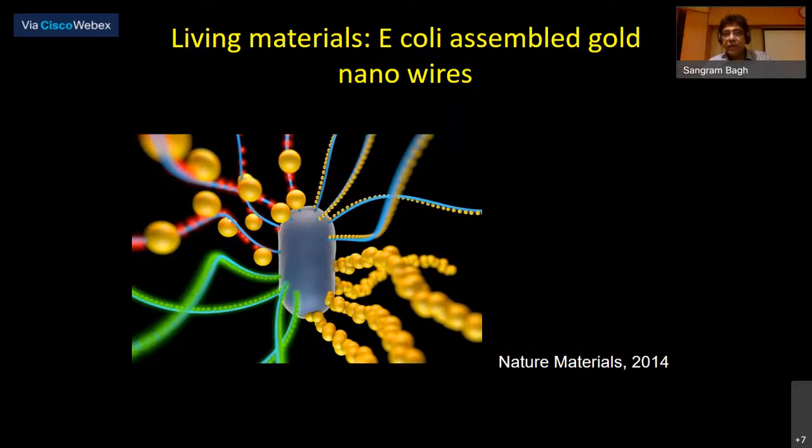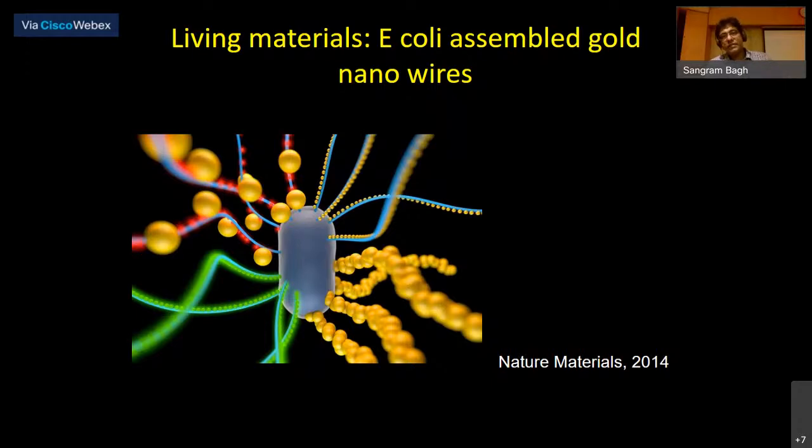In that way, you can make a gold nanowire and different kinds of patterns, just by changing the composition of these peptides, which is controlled by a logic gate. So in the nano level, you can develop a nanowire using a living bacteria, and this is sometimes called living materials.